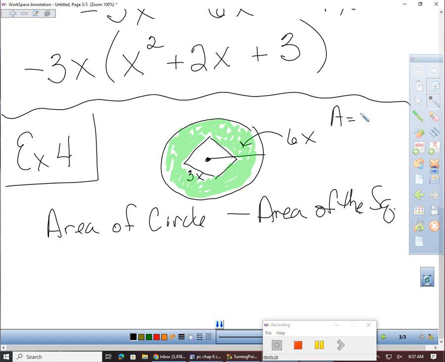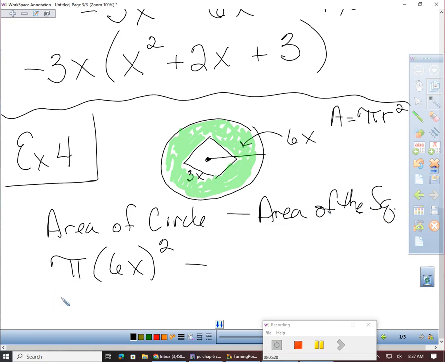Area equals pi r squared. You guys know that one, right? Okay. All right, so we're going to do the area of the circle. So this is pi, and then our radius is this line from the center to the outside, which is 6x, and that is squared, minus the area of a square.